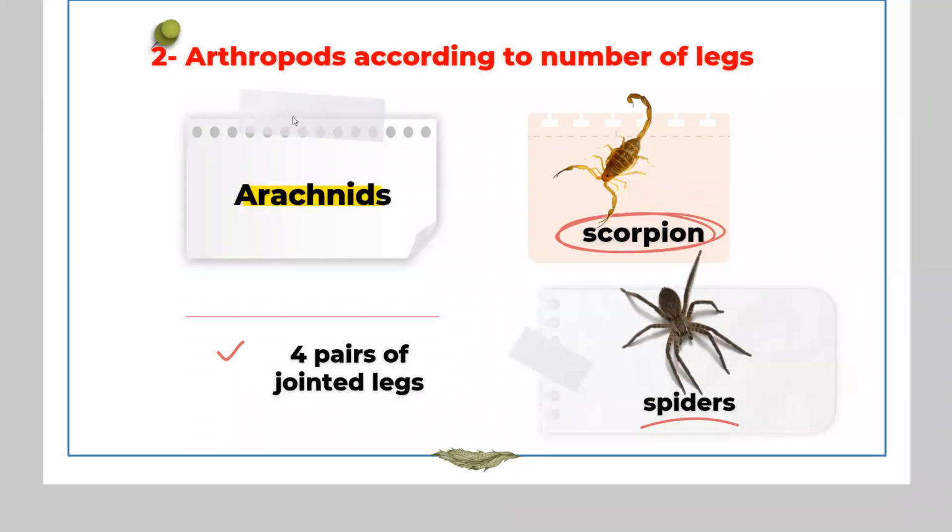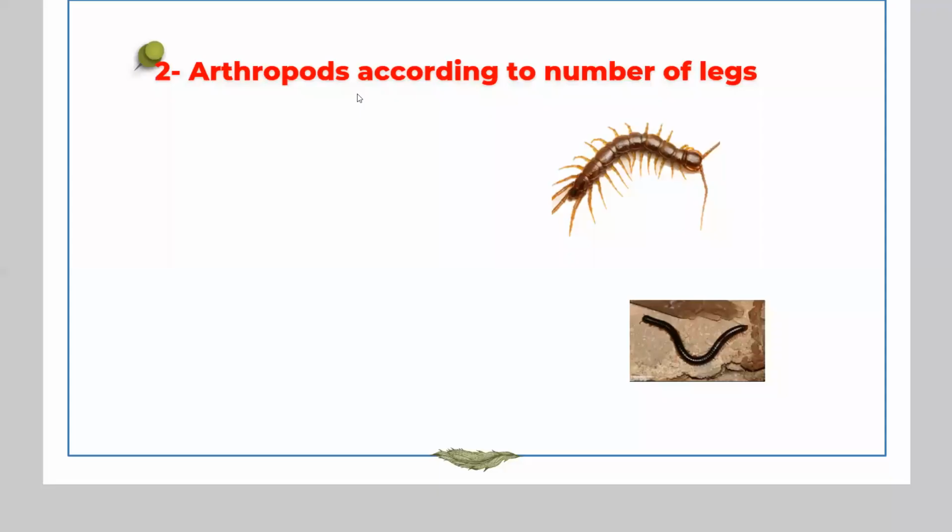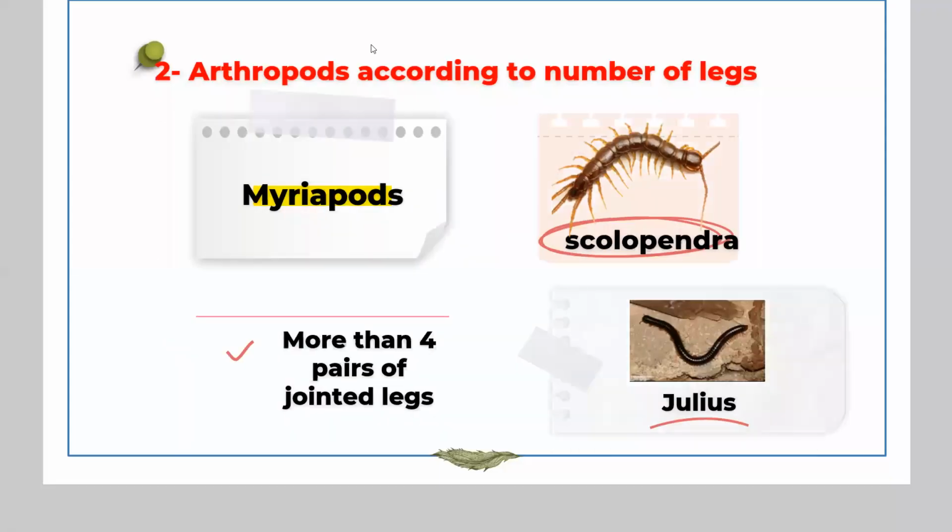Let's move to the third type. So we've talked about insects and arachnids. Insects have 3 pairs of jointed legs. Arachnids have 4 pairs of jointed legs. The last type of arthropods according to the number of legs is myriapods.